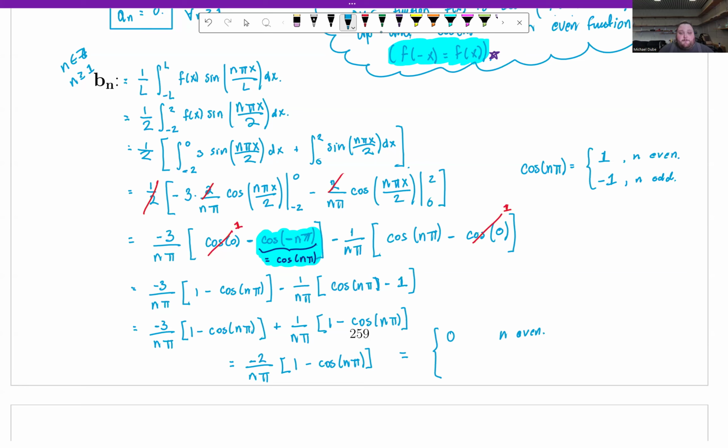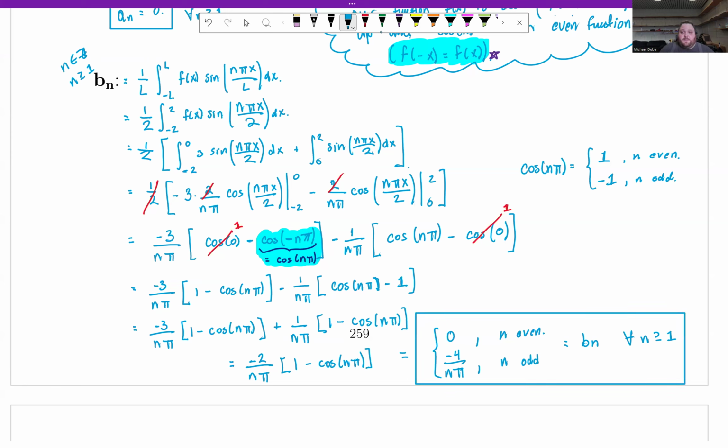So we have 1 minus negative 1. So that becomes 2, right? So we get negative 4 over n pi for n is odd. Okay, good. And so this is equal to Bn for all n greater than or equal to 1. Okay? And so we have this here.